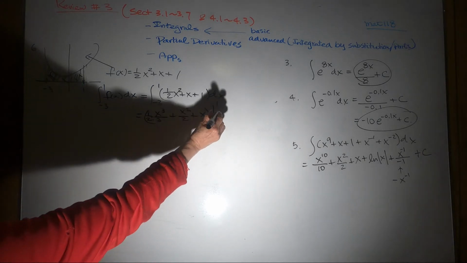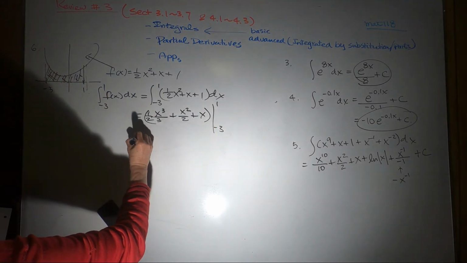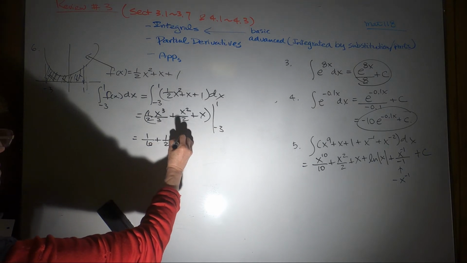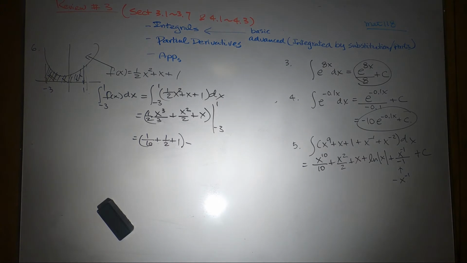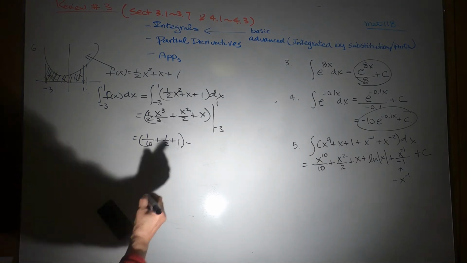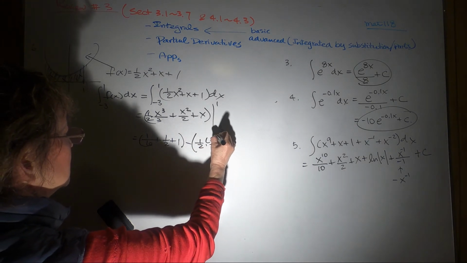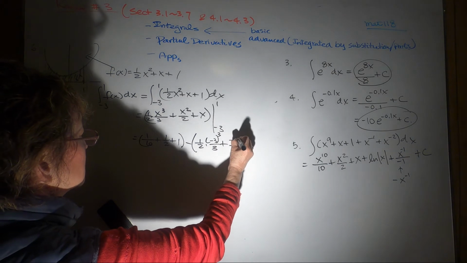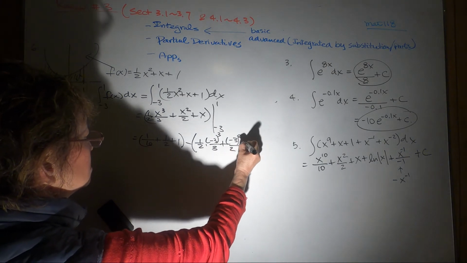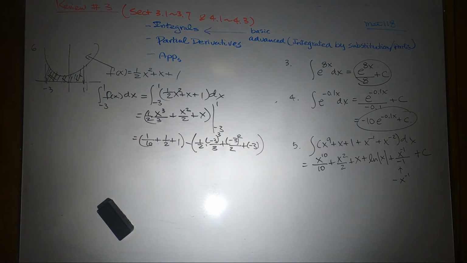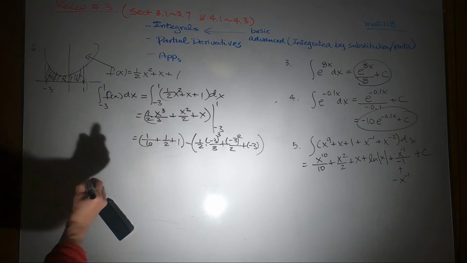Then we plug in 1. So what do we have? 1 over 6 plus 1 over 2 plus 1. Right? Minus plug in -3. So what do we have? We have -3 cubed over 6 plus -3 squared over 2 plus what? -3. Is that right? Then what do we have?